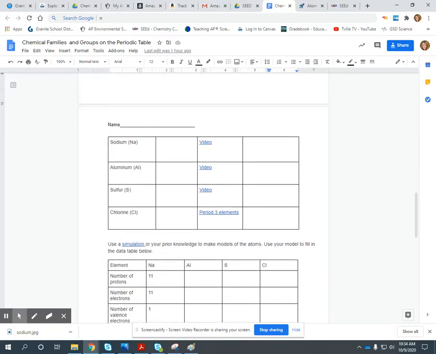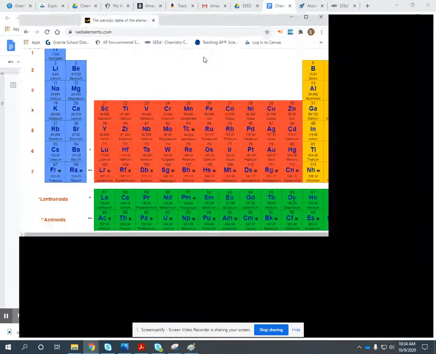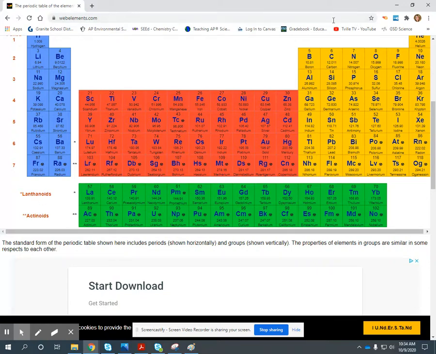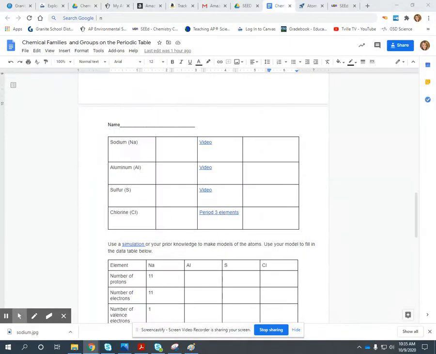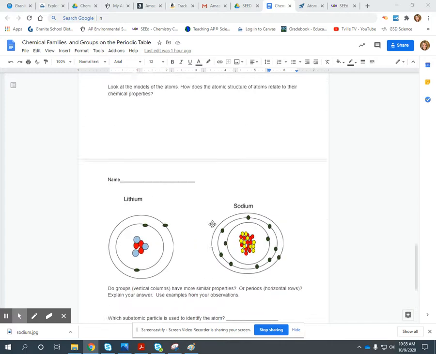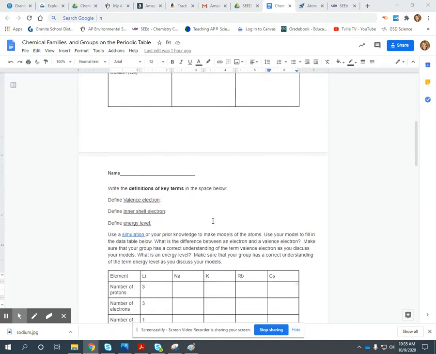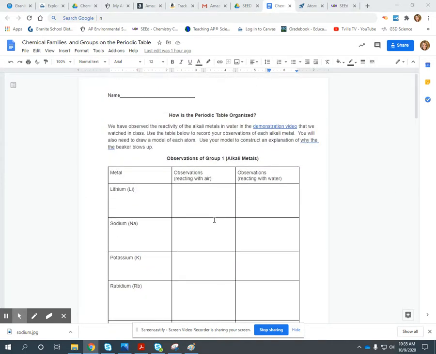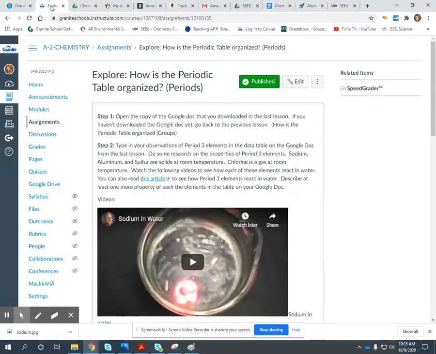That's going to be our main task this week, is just understanding what the information on the periodic table tells us and how it relates to atomic structure and the properties of elements. Okay, so this is the first Google Doc, the first assessment that you guys are going to be required to fill out over the course of 2 days, 2 lessons.